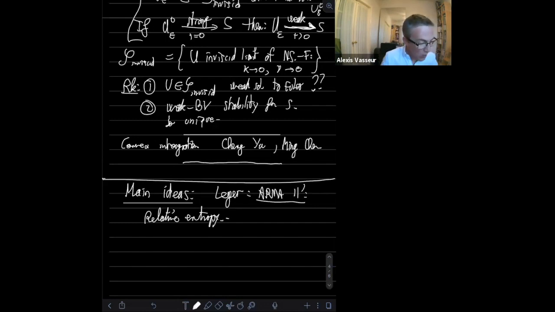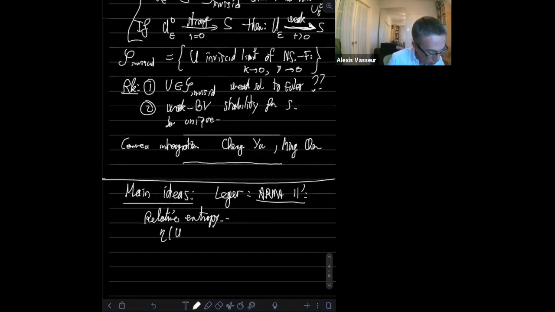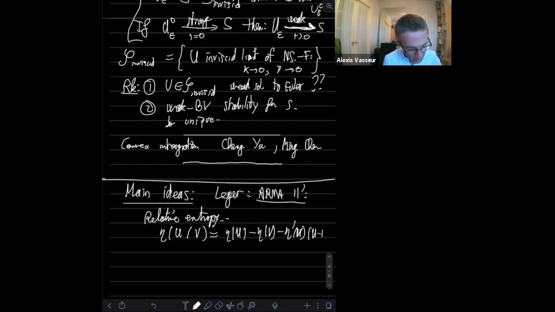When you have relative entropy, what is nice is that even for a system, you have the same properties as Kruzhkov. From one entropy, you can construct infinitely many of them, right? You have this eta of u with respect to another state, v, and you construct eta of u minus eta of v minus eta prime of v times u minus v, right?